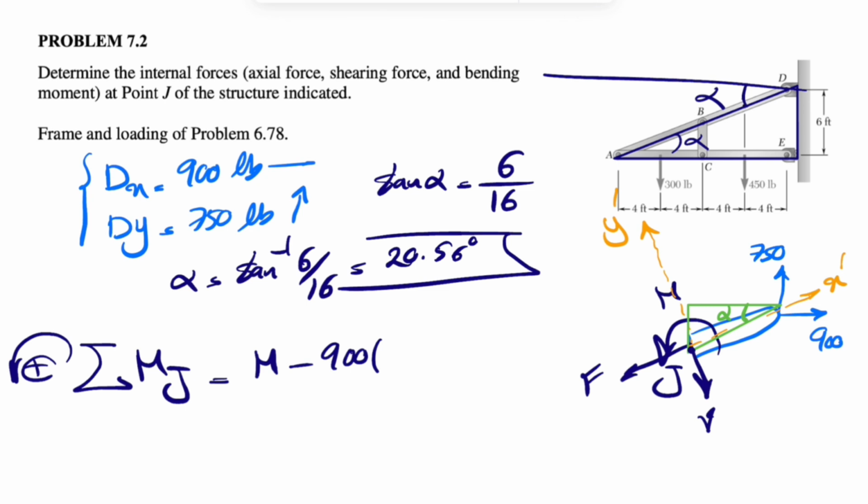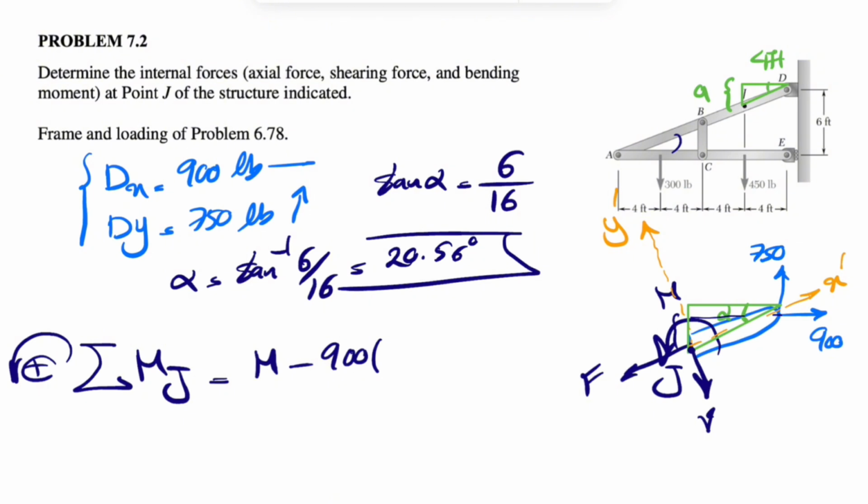So this is the line of action. The distance that we are interested in is this one. We have this right triangle here, and we know this side is 4, and we are interested in this side.